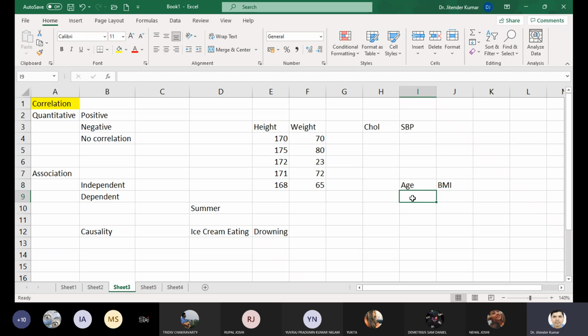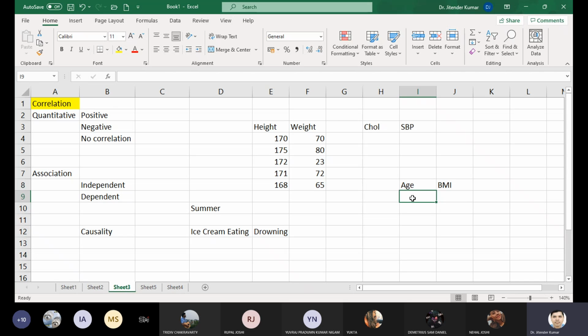In the middle age, it becomes stable. Although your age is increasing every year, BMI is more or less stable. And in the late age, what happens? BMI comes down. So if you consider the age group from 5 to 65 or 5 to 70, whatever it is, you'll see it is not linear.